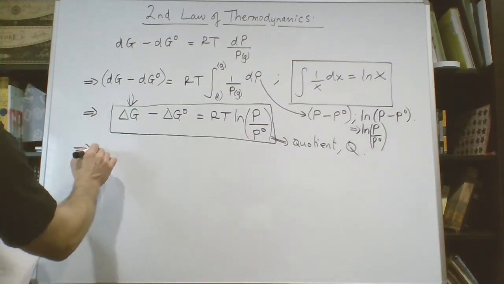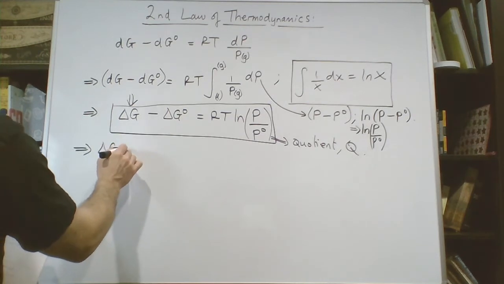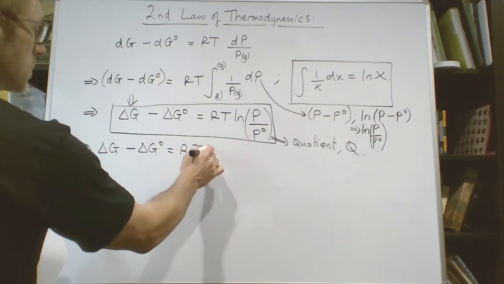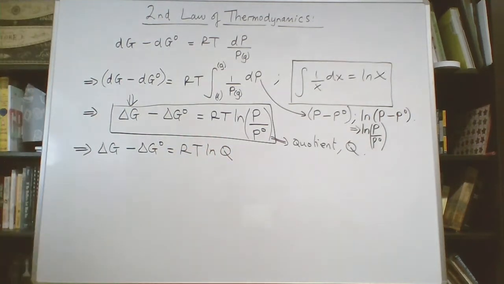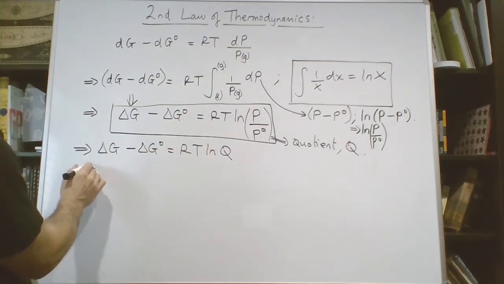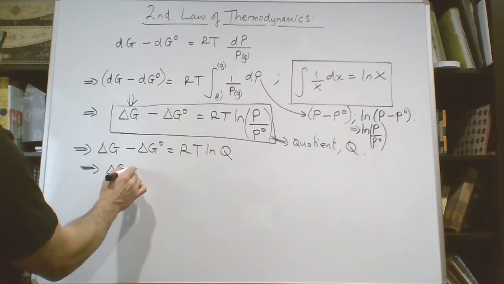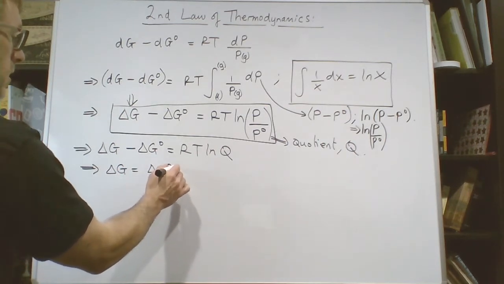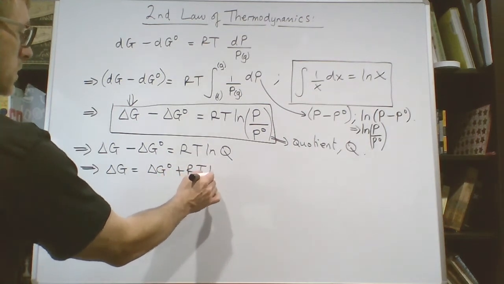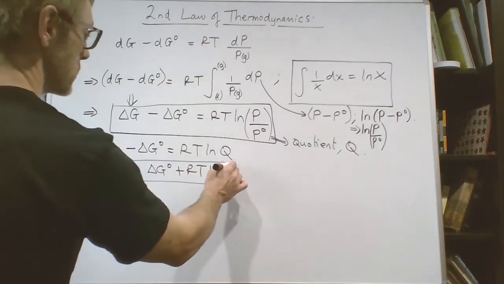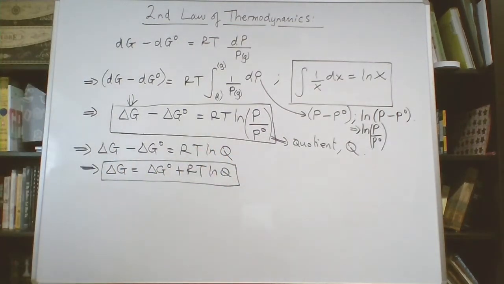So we can write dG minus dG standard is RT log Q. We can take the negative dG standard over to the other side. So we can write dG is plus dG standard plus RT log Q. And this is one of the fundamental equations that you'll need in general chemistry, thermodynamics content.